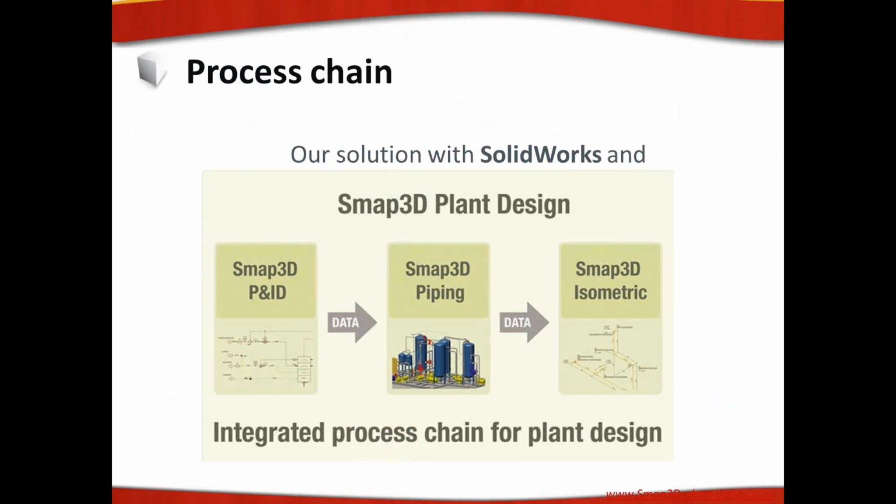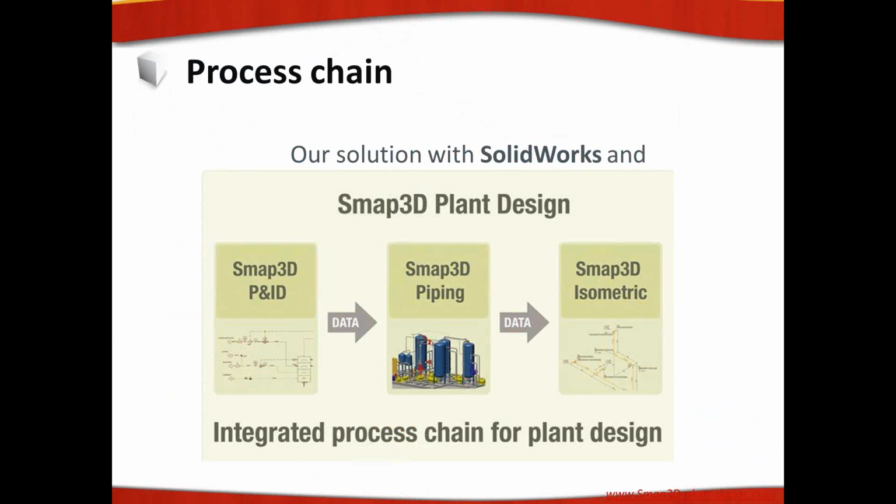Now this is a product you can buy standalone if you wish, but it also has the availability to connect and use the Smap PNID drawing data. So all of the components, all of the integration, if you will, the piping and so forth that was designed within the PNID drawings can then be accessed and used in the piping solution, where the CAD user, the designer, would then go ahead and develop the 3D modeling involved.